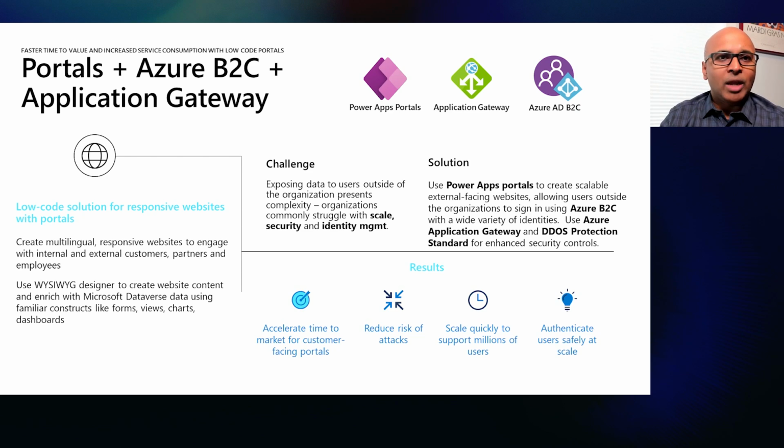In this case, they were able to build these responsive websites by leveraging Power Platform, the application gateway, and the Azure AD B2C componentry, and build a safe way for their customers to interact with their products and services. They realized a lot of value in being able to bring in more customers, not only to their website, but also to their retail stores, and see broader value for their entire supply chain.